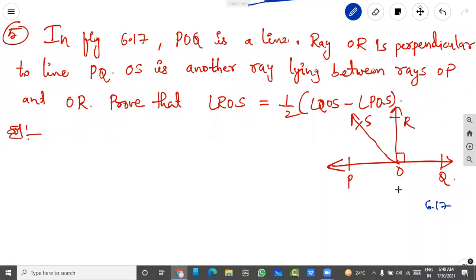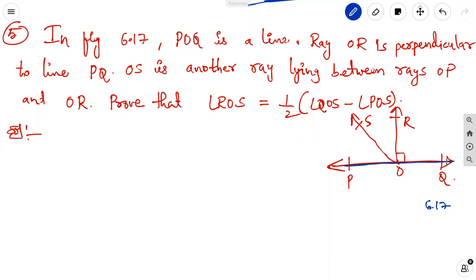In figure 6.17, POQ is a line, OR is a ray perpendicular to PQ line, and OS is another ray that is lying between rays OP and OR.